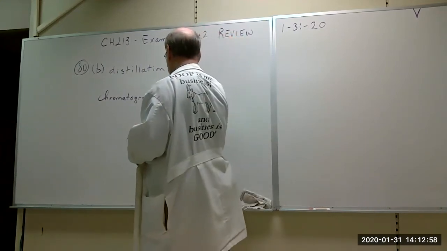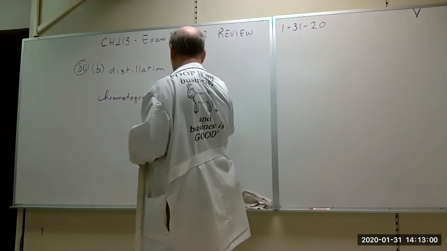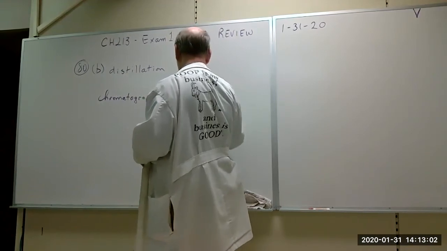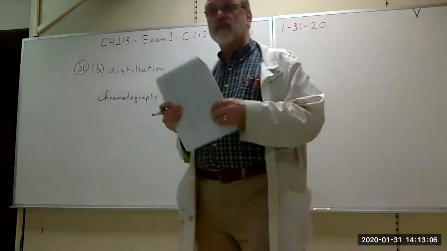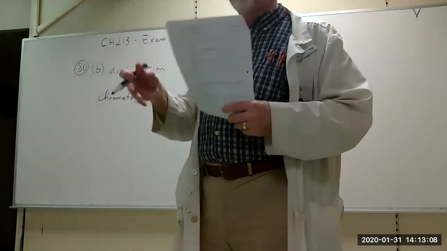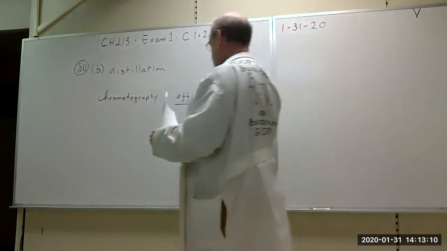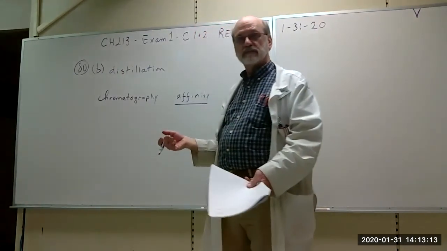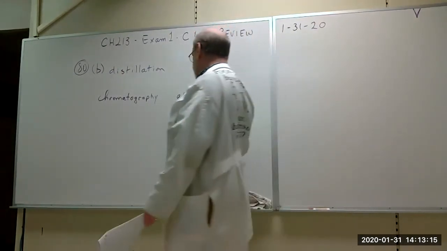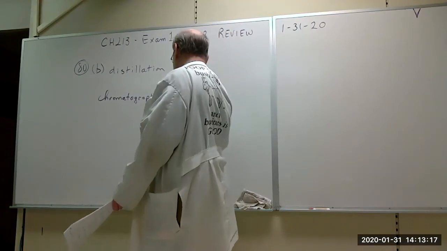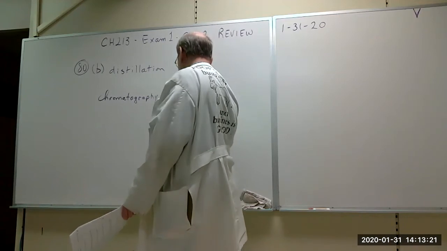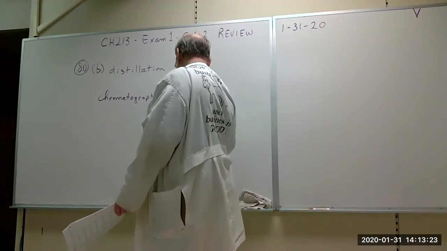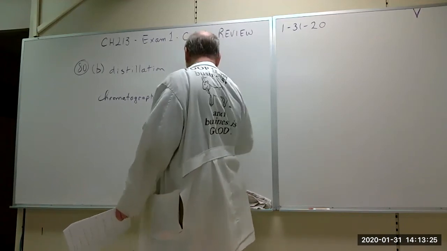In a word, it's affinity. What's the affinity for the compounds or elements in the mixture for some material? Right? And you've always got a stationary phase opposed with a mobile phase.